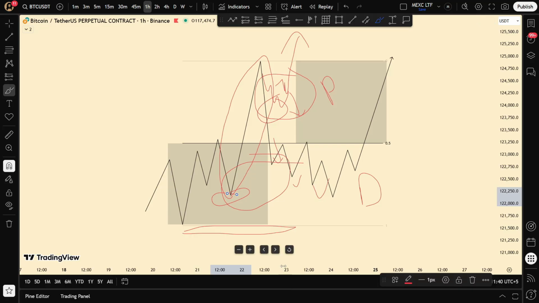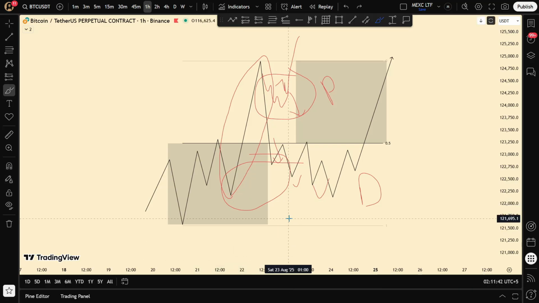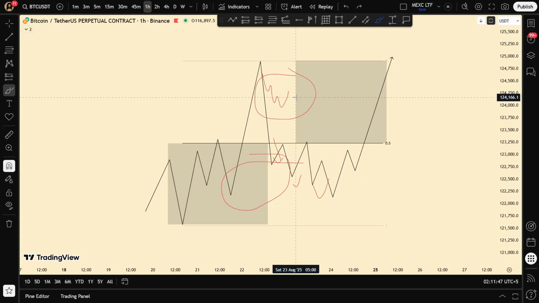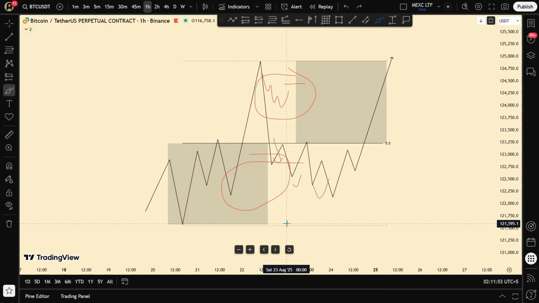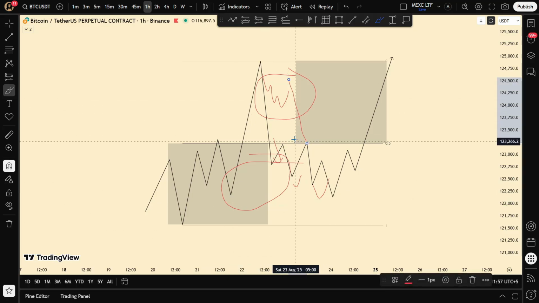If you do that, you have a pathetic risk to reward ratio from buying over here, targeting this high, with the stop loss over here. Not a good thing. But in case you're selling, trading the price back down to somewhere over here, your stop loss goes above this high, and you can target this one. So that is a good general thing.